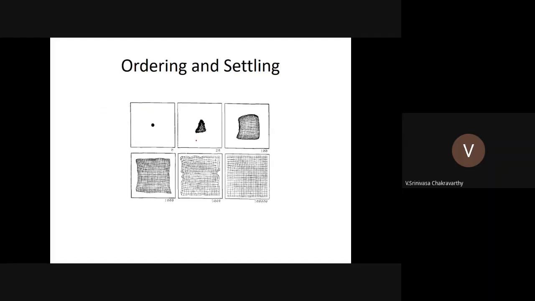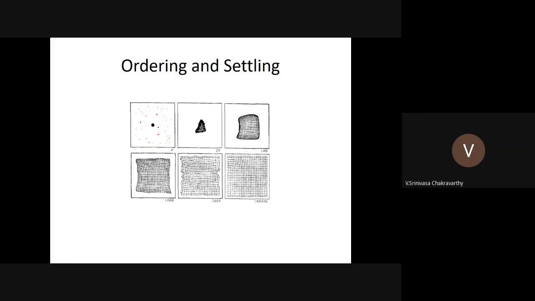So let us see an example. Let us say I have data from a square. I'm not showing data here, but let us imagine that there is data that fills this entire unit square. So now I have a 2D map. I want to train using just data drawn from a square.